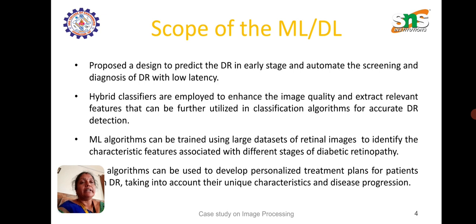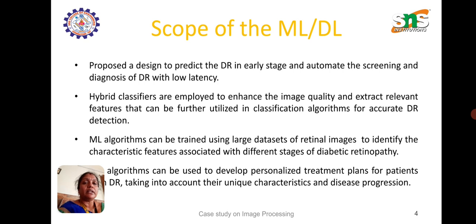The scope of ML and DL is that hybrid classifiers are employed to enhance the image quality and extract relevant features that can be further utilized in the selection of the classification algorithm for getting accuracy, because hybrid classifier means ML and DL classifiers can work combinedly on the images to enhance the image quality.